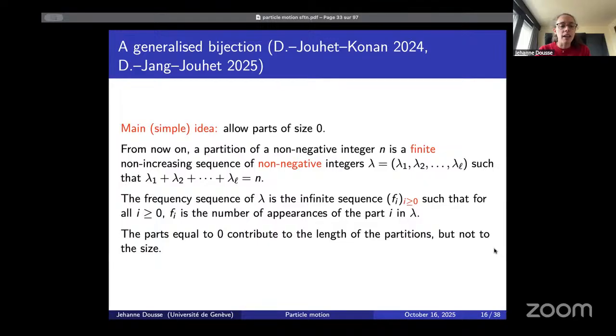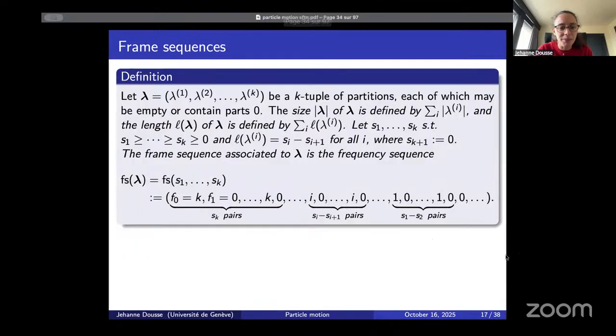This is a relatively obvious remark, but the parts 0 do not contribute to the weight of the partition because they are equal to 0, but they will contribute to the length. So they count as parts, but do not contribute to the weight.